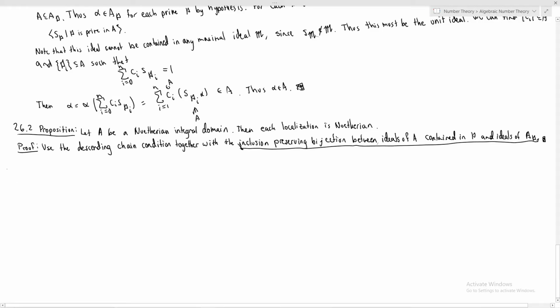Okay, so now I can actually state and prove the result that I was thinking about. 26.3 Proposition.